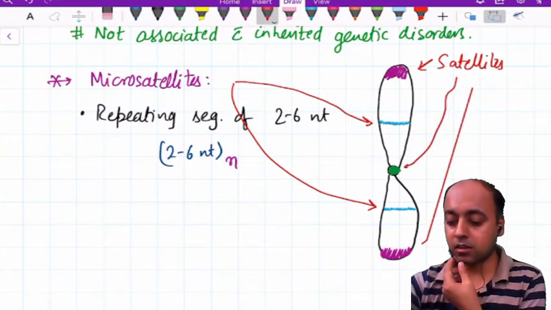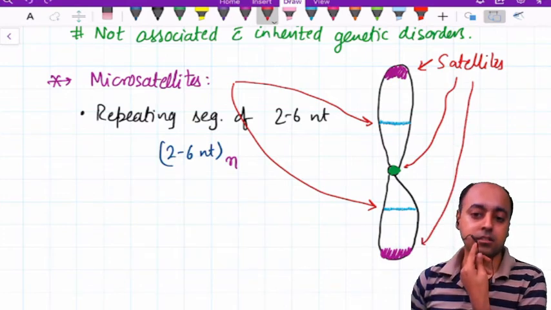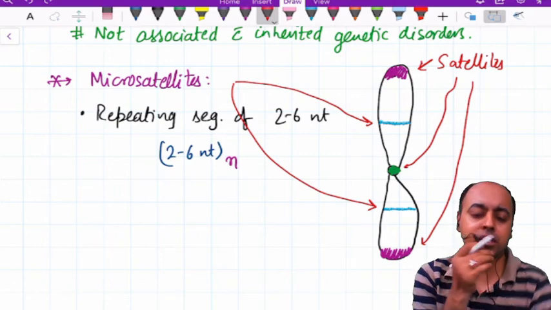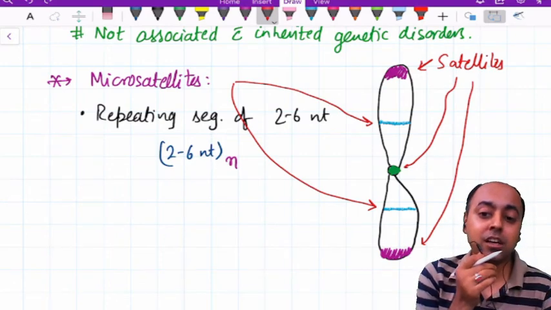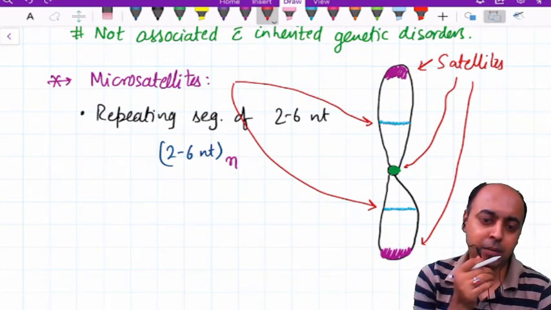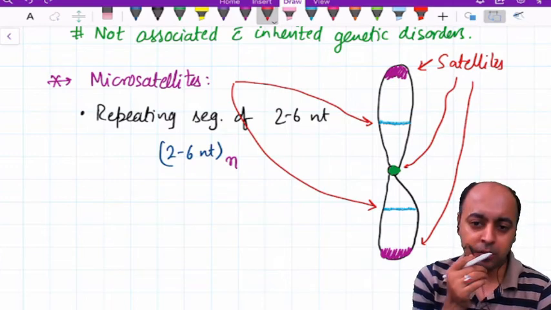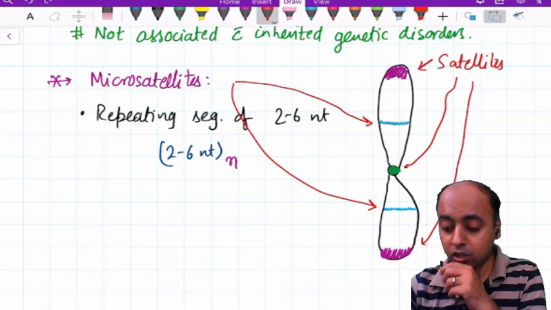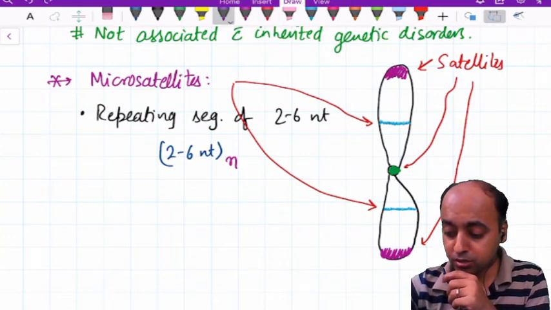I hope this clarifies why some segments are called satellites and some are called microsatellites. It depends on the banding pattern when you want to visualize the DNA.